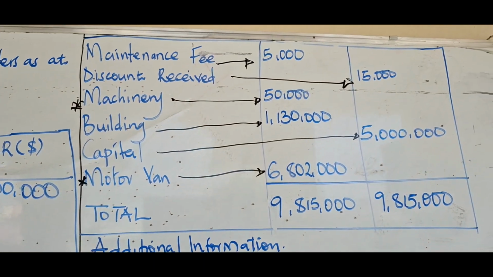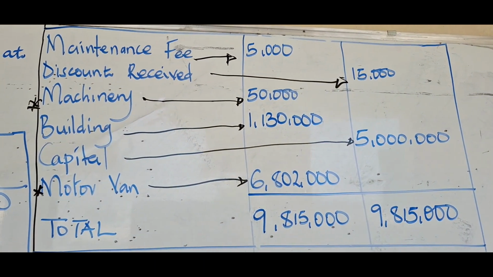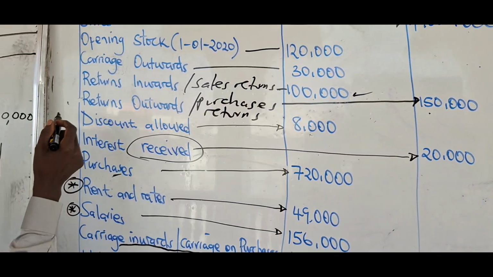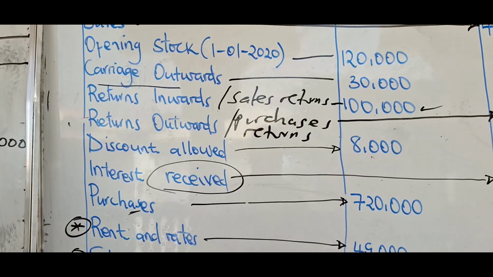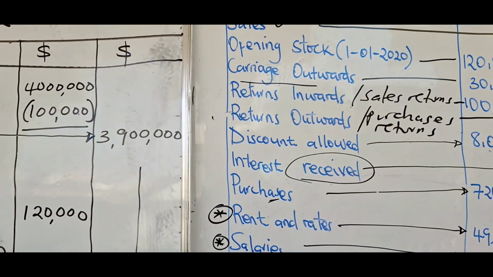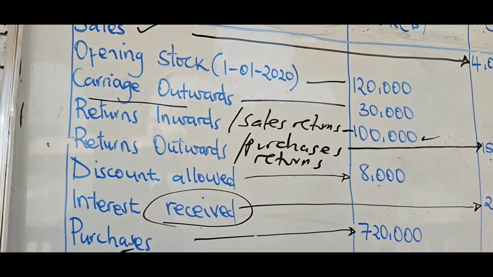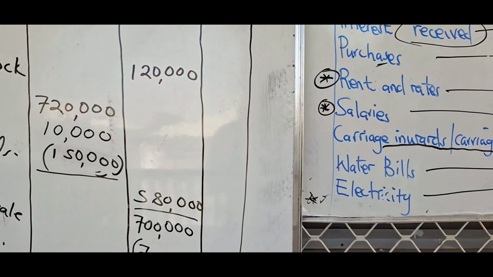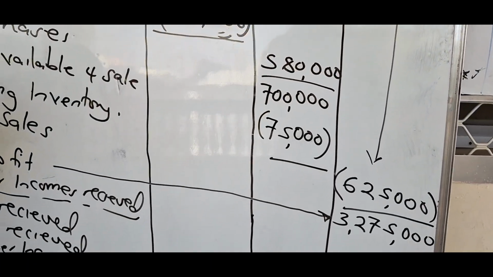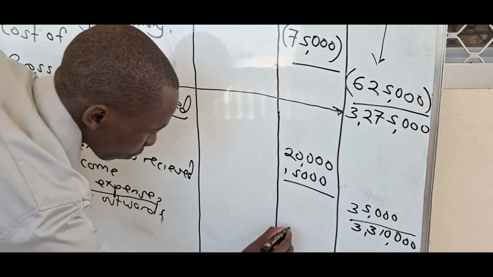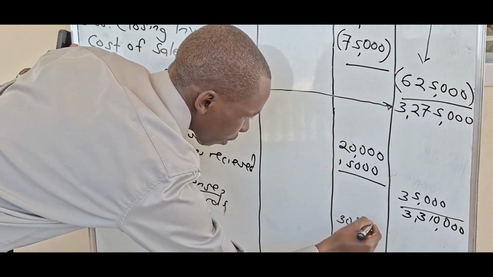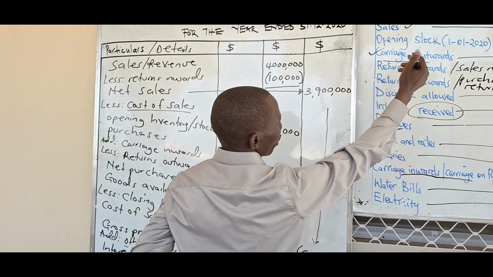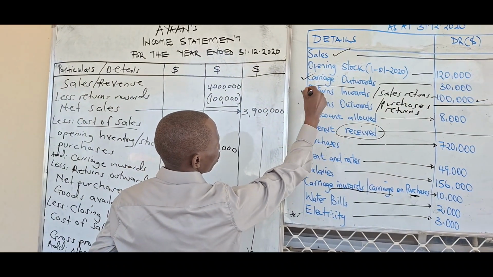After that, first pick operating expenses where you have not put a star, you just record them as operating expenses. For example, carriage outwards, you bring it here. How much is it? 30,000. Returns we have already used.